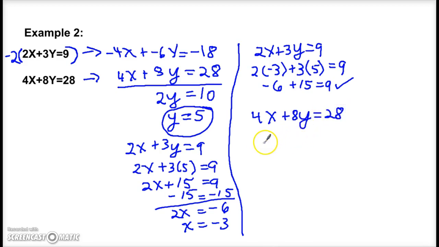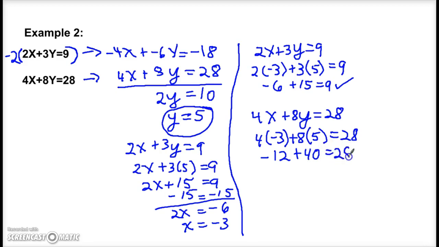Again, plugging in my x and y value, 4 times negative 3 plus 8 times 5 should be 28. 4 times negative 3 is negative 12 plus 40 equals 28. And that is also true. So therefore, my values are correct, and the answer to my problem would be x is negative 3, y is 5.